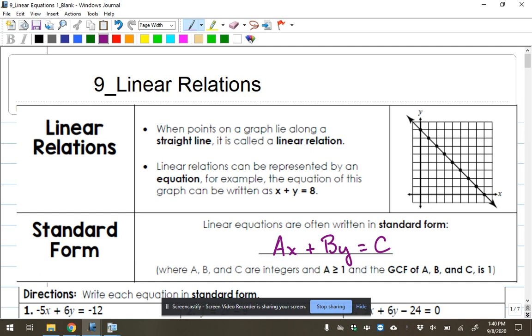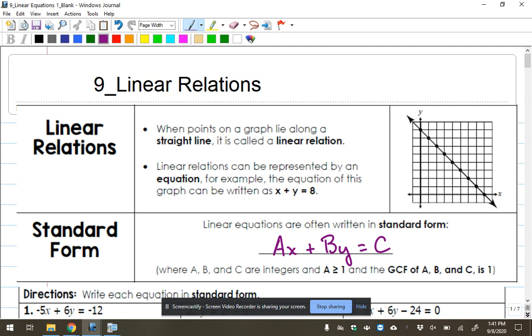The GCF of A, B, and C is 1. What's a GCF? Greatest common factor. What does that mean about those three numbers, A, B, and C? That you cannot do what? It means you cannot divide them all by the same thing, other than 1.